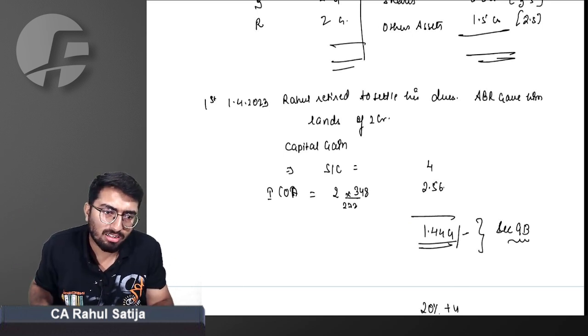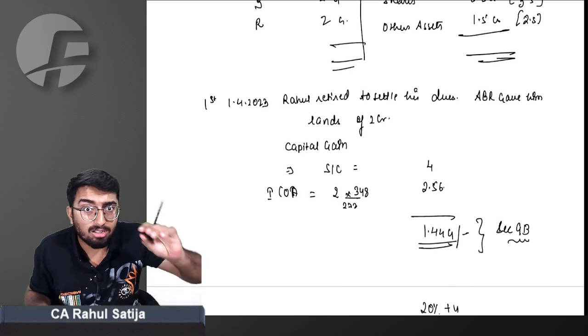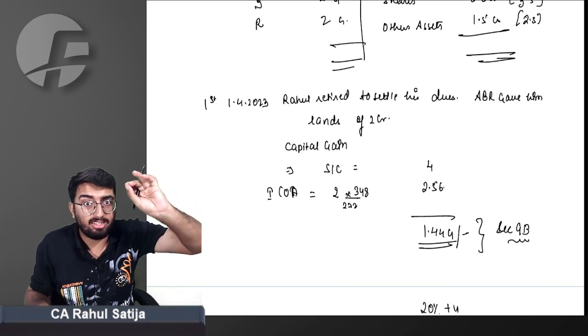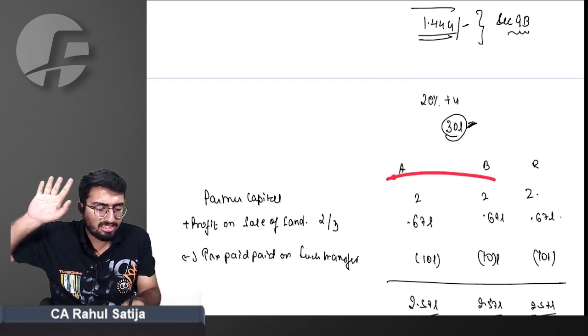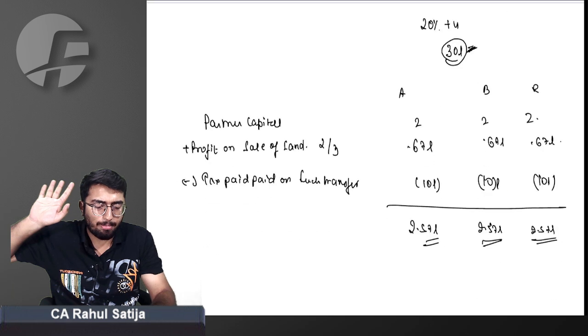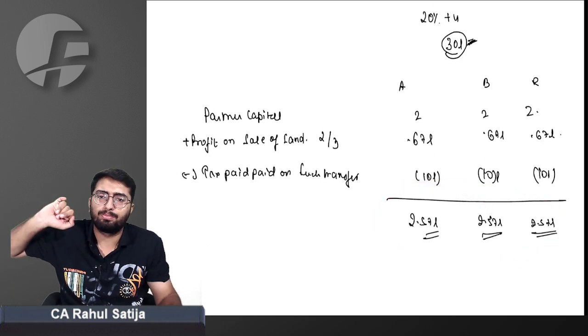Now, to the extent income tax goes, just be with me. I'll tell you how far income tax goes. What income tax says? If this land were sold to an outsider, your partner's capital account would have been easily this much amount.